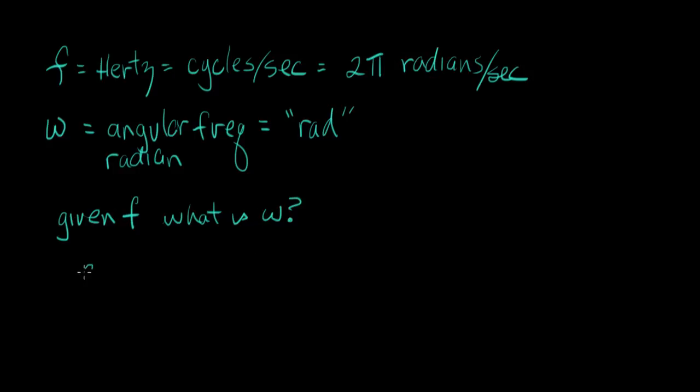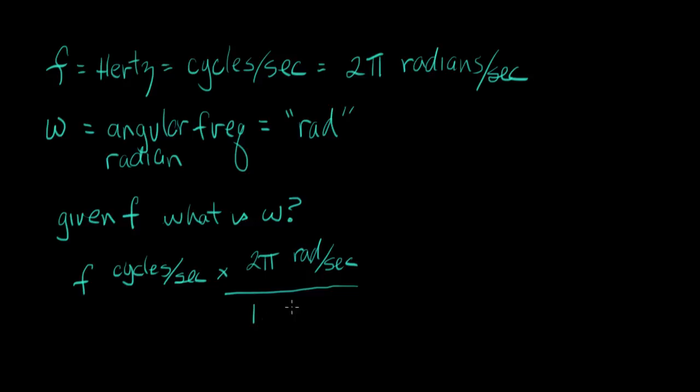I write down a number, F, in cycles per second, and multiply it by a conversion factor that I'm going to make up: 2 pi radians per second is the same as 1 cycle per second.